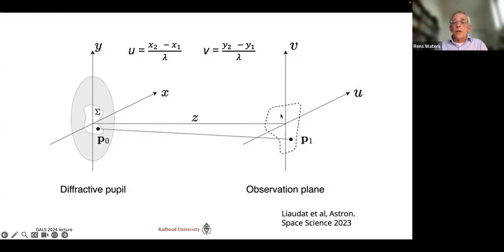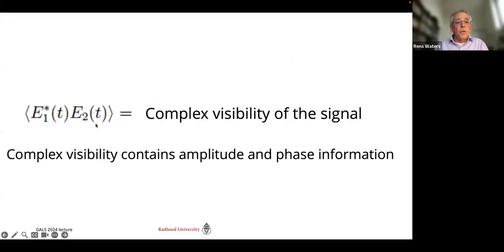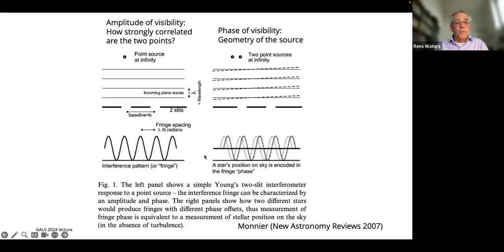And if you have many different baselines, of course, your image quality improves. Again, what we can measure is the complex visibility of the signal. That is the output of the interferometer, and it has amplitude and phase information.